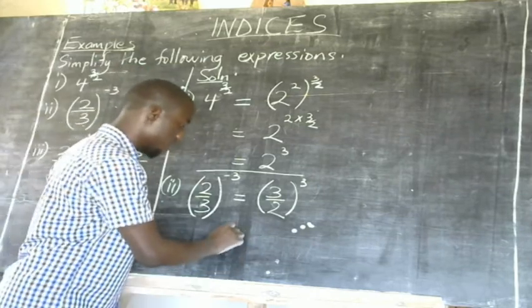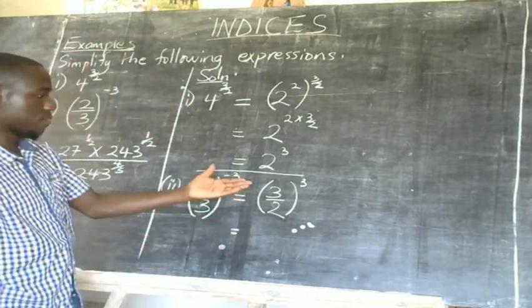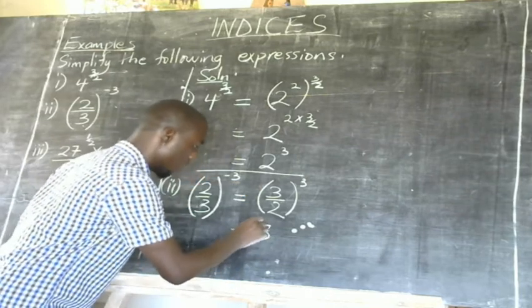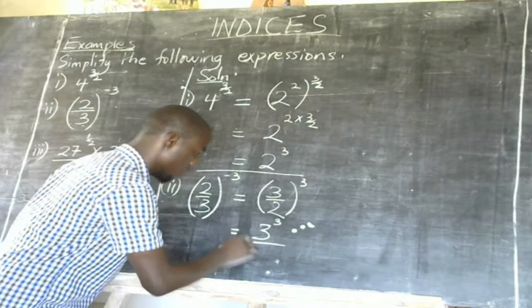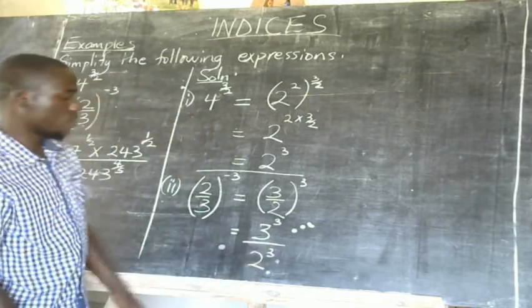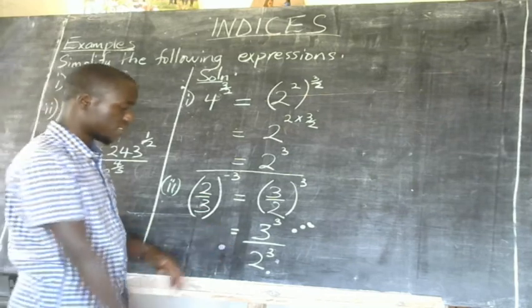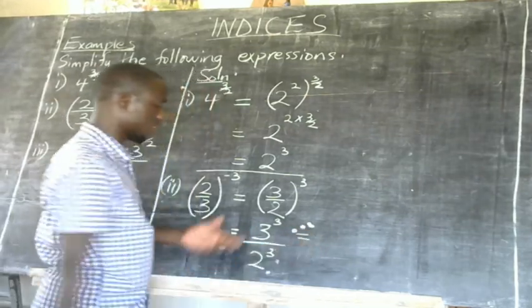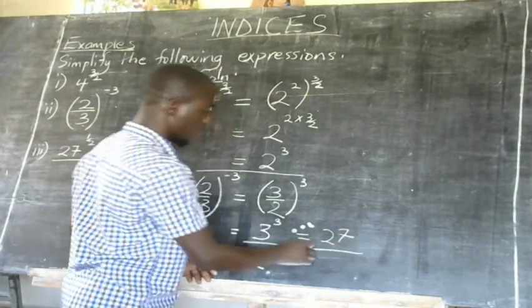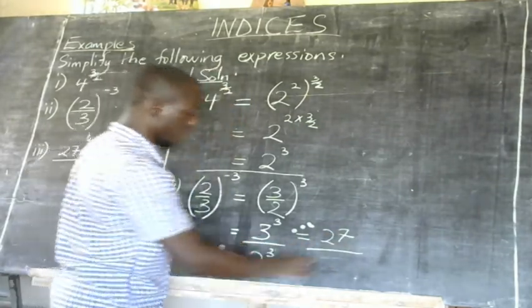Then from there, I can open the bracket. The 3 is going to have a power of 3, and also the 2 is going to have the power of 2. So I can leave the answer there, or I can say that 3 cubed is the same as 27, then divide by 8 there.